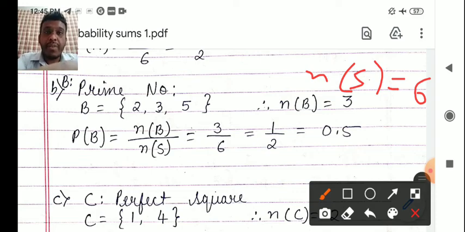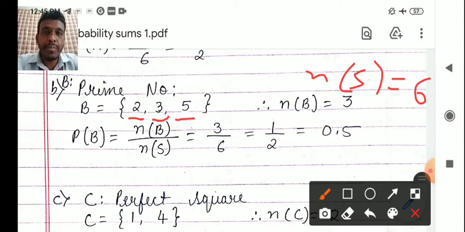B, prime number. Now how many prime numbers were there in 1, 2, 3, 4, 5, 6? 1 is not a prime number, 2 is a prime number, so that will come here. 3 is a prime number, it will come here. 4 is not a prime number, 5 is a prime number, it will come here. 6 is not a prime number. So out of 1, 2, 3, 4, 5, 6, only 3 numbers are prime numbers, that is 2, 3 and 5, and hence n of B is equals to 3.